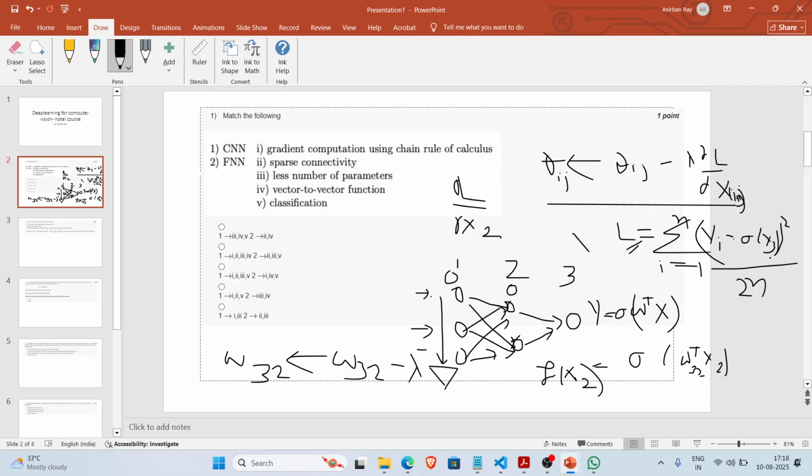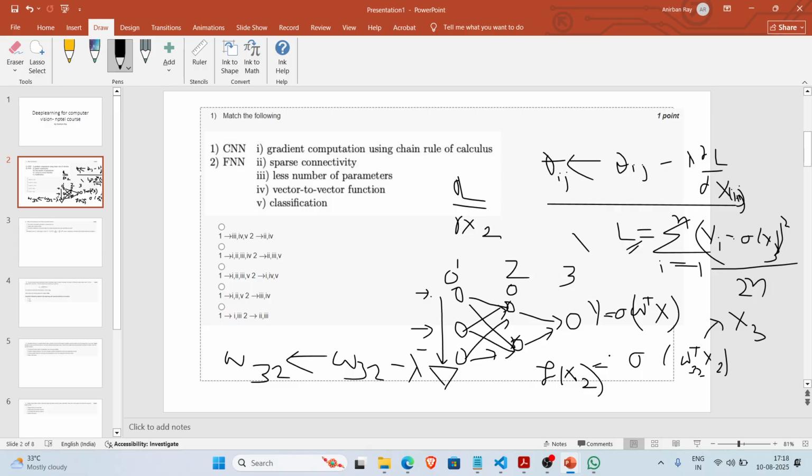Okay, you can write it. This is correct, no problem. So this term I have written as x3.